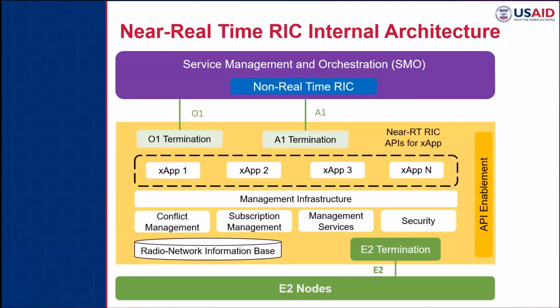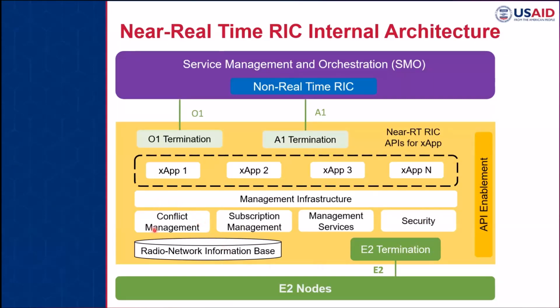There is an O1 termination connected to the SMO, an A1 termination connecting the A1 interface to the non-real-time RIC, and it hosts the different xApps. And also there is a management infrastructure.